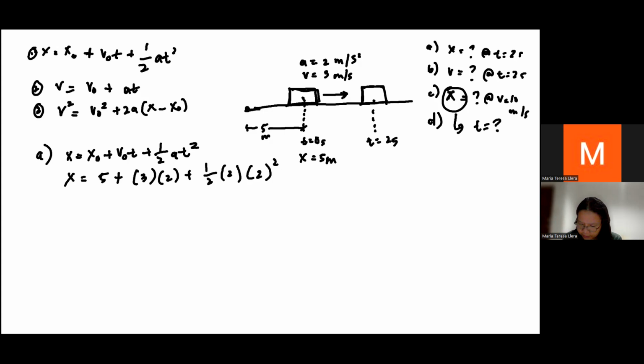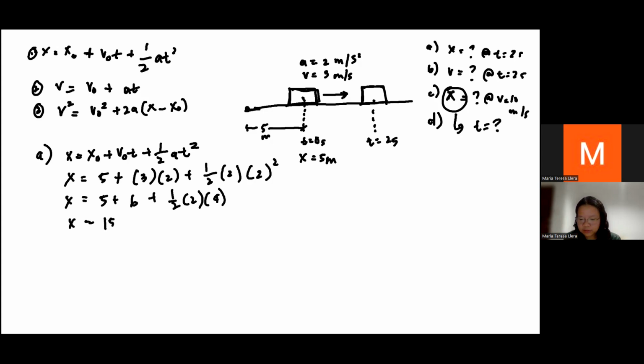After that, I think we already substituted everything, so we're just going to calculate this. x equals 5 plus 6 plus 1/2 times 2 times 2 squared, which is 4. You can calculate that, and this will give you 15 meters.